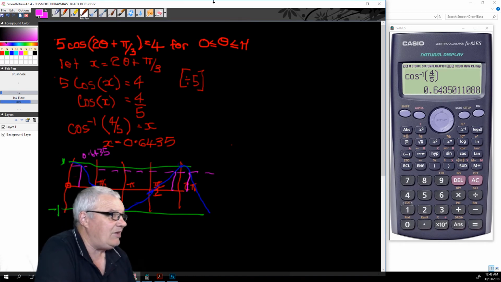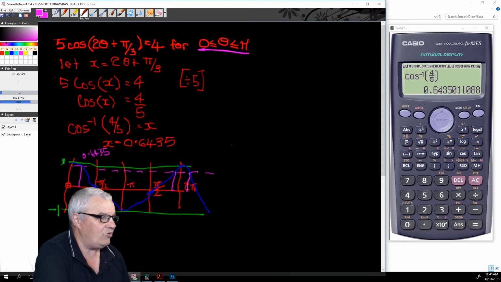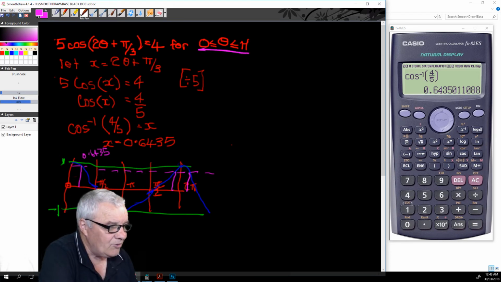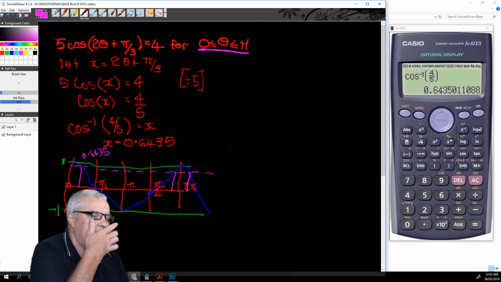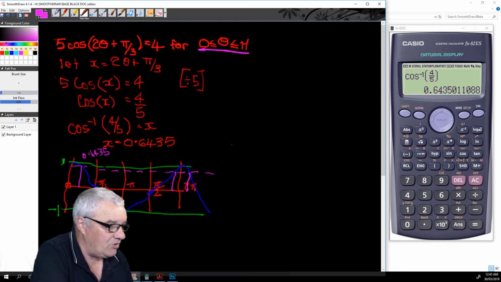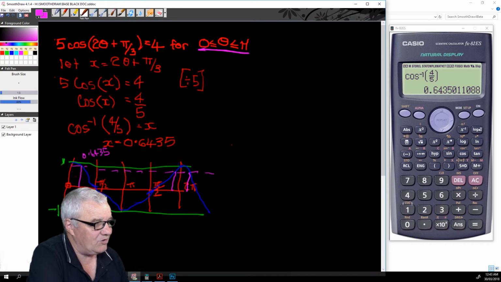But what we need to do is check that these solutions are in this range. So this solution here is 0.6435.